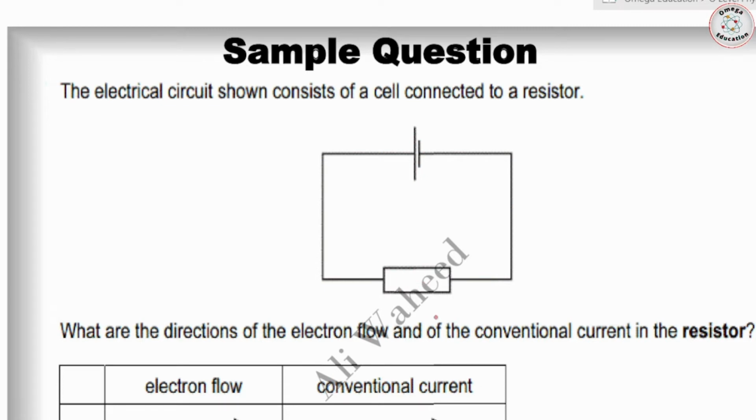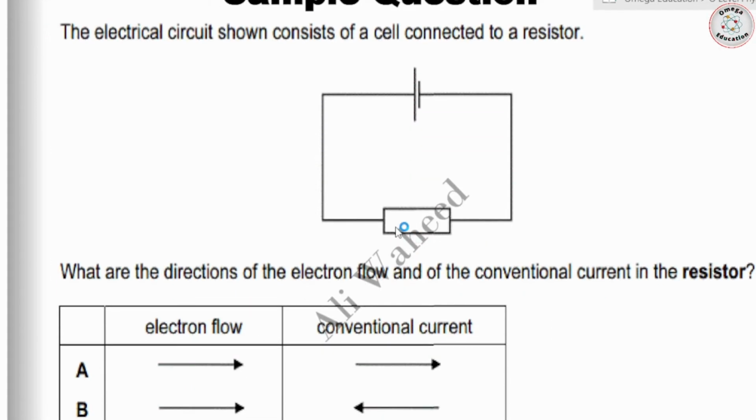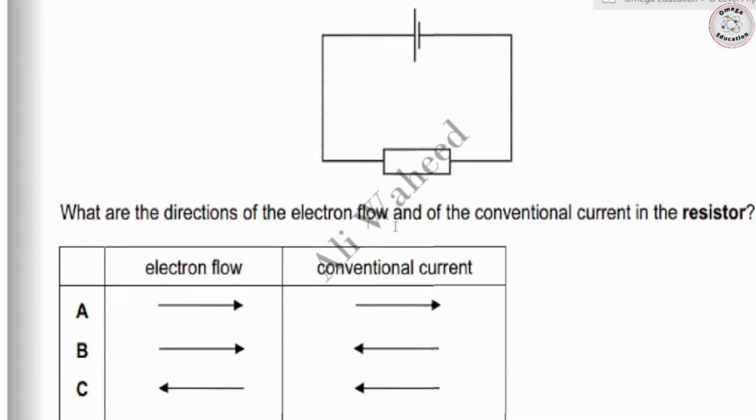This symbol represents resistance or a resistor, which we'll be studying in detail as well. But the question is not about the resistor, it is about the direction of current. What are the directions of the electron flow and of the conventional current in the resistor?